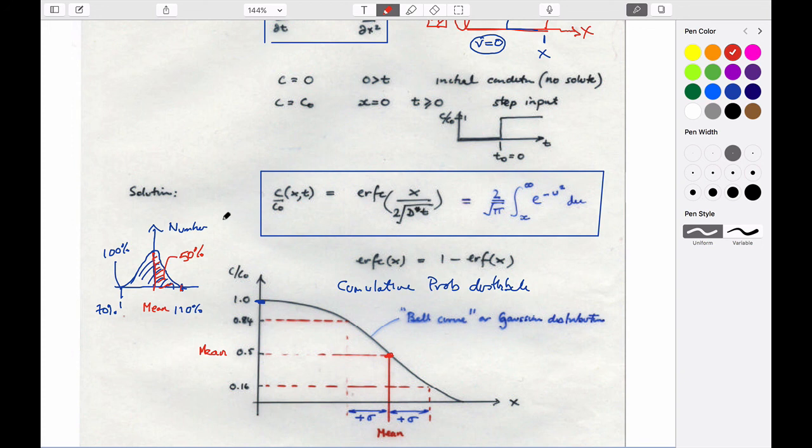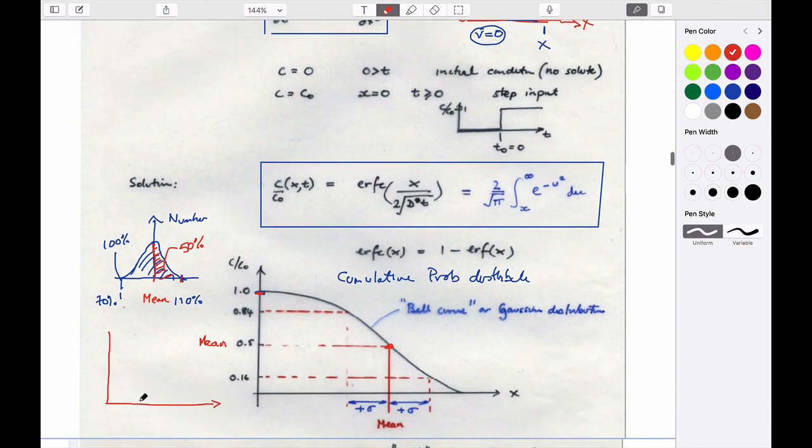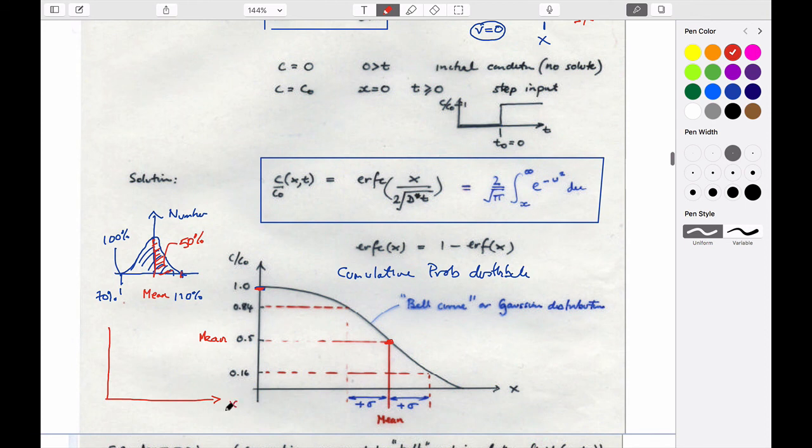Probably doesn't matter to make this connection, maybe curious, but what this will give you is that if you look at this curve at some particular early time, it would be quite compressed. And so this is the upstream location here, 0, and this is the relative concentration.